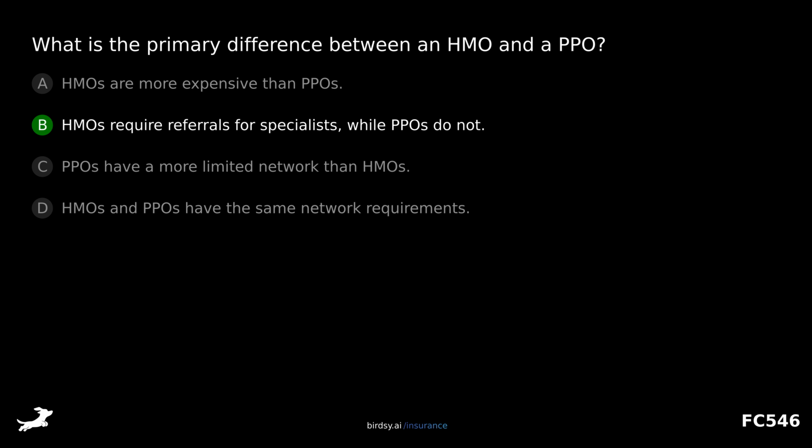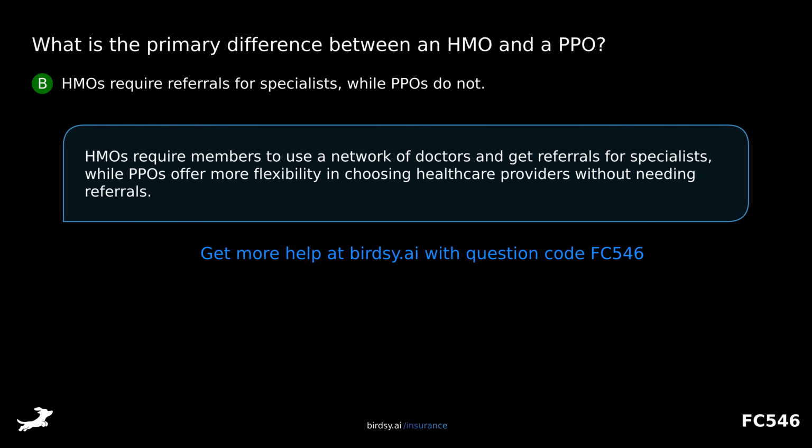The answer is B, HMOs require referrals for specialists, while PPOs do not. HMOs require members to use a network of doctors and get referrals for specialists, while PPOs offer more flexibility in choosing healthcare providers without needing referrals.